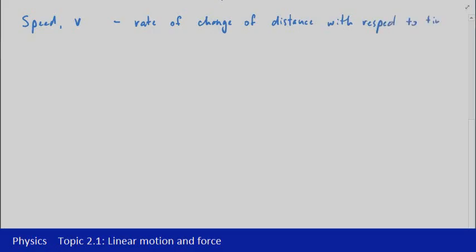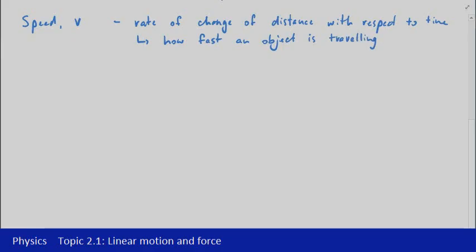So, in other words, it's how fast something is travelling. Distance is how far something has travelled, speed is how fast an object is travelling. There are a couple of different ways you can consider speed, whether it's average or instantaneous.